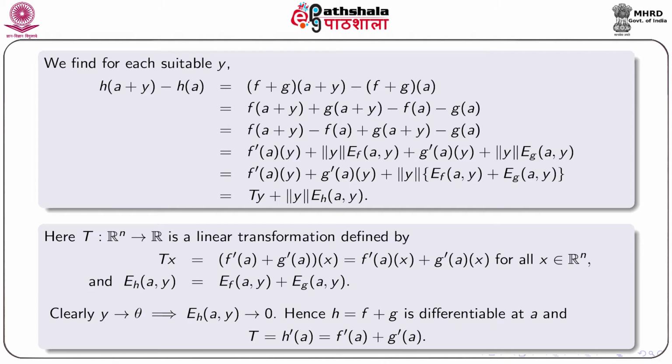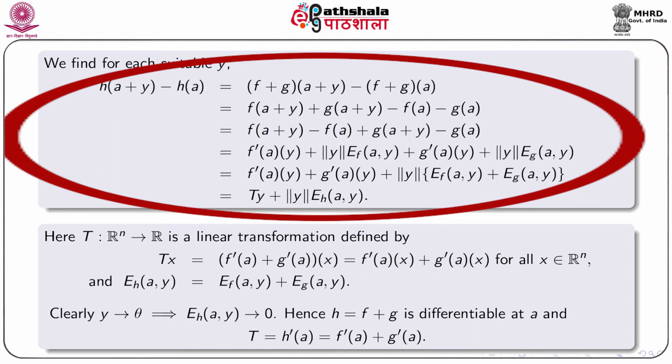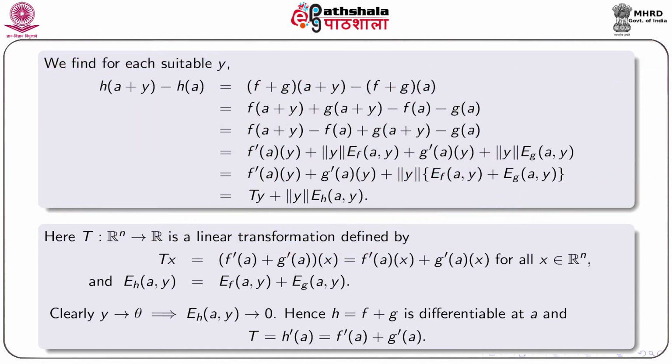We rewrite the terms so that f terms come together and g terms come together, so that we can use the first order Taylor formulae for f and g. So, this equals f'(a) operated on y + norm y E_f(a,y) + g'(a) operated on y + norm y E_g(a,y).